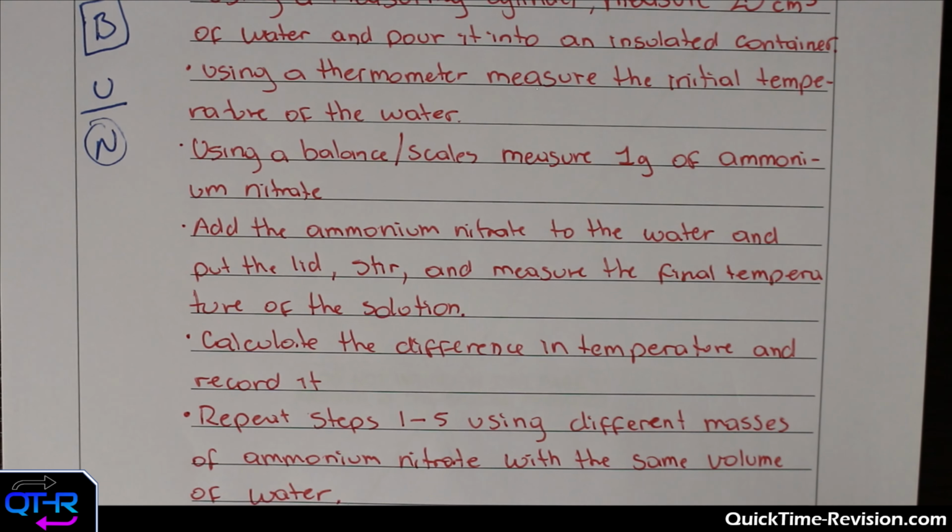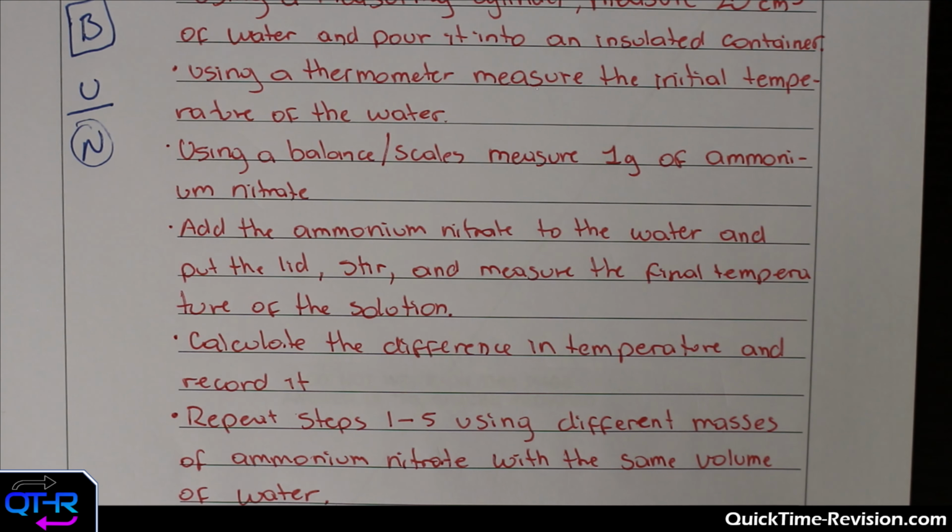That is your final answer. So that will be 6 marks for question 2.6 in the 2019 Combined Science Chemistry paper 1.